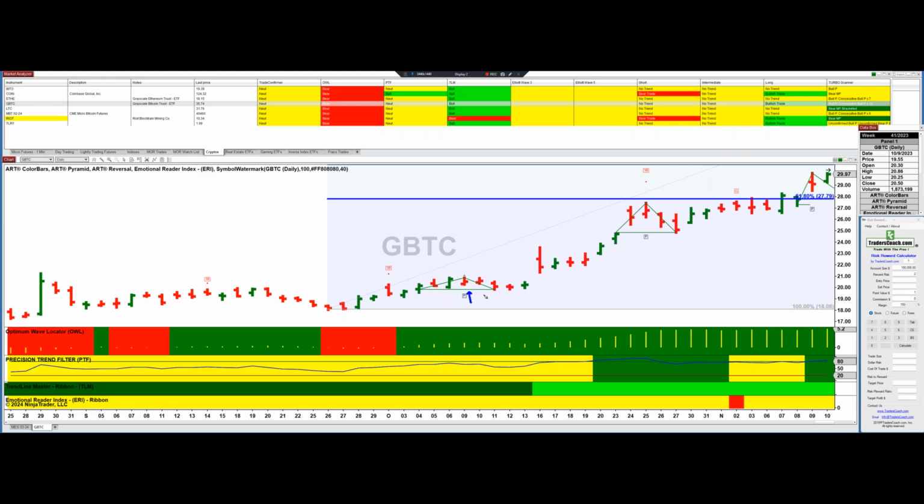This bottom keys off the low of the price bar on the far right. So the low of this plus one tick is going to be the stop. Let's take a look at the low of that. All right, so the low is 19.81, that's the stop exit.